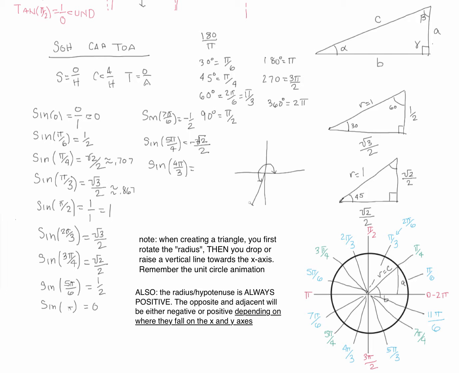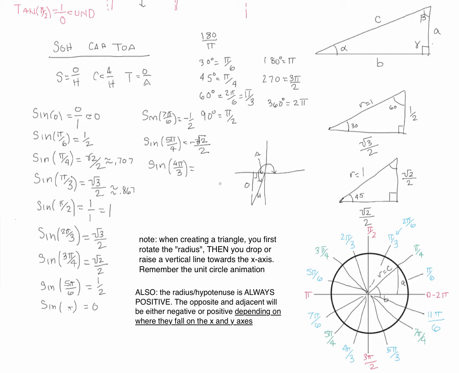But what triangle does it make? Well, it makes a triangle like this. Remember, this is the hypotenuse. The angle is right here. So if this is the angle, then this is the opposite. This is the hypotenuse. And this here is the adjacent.